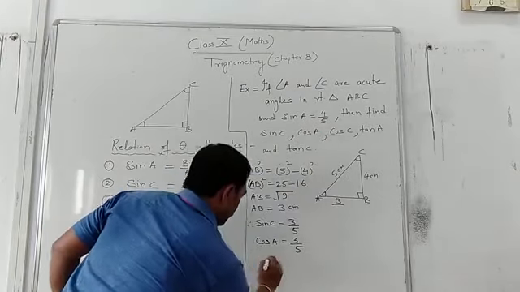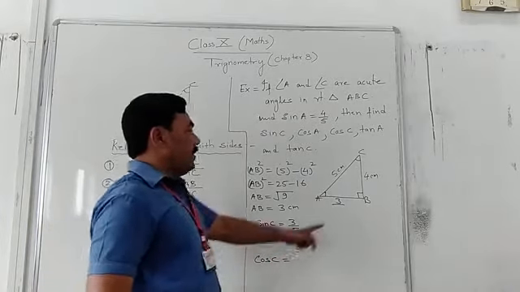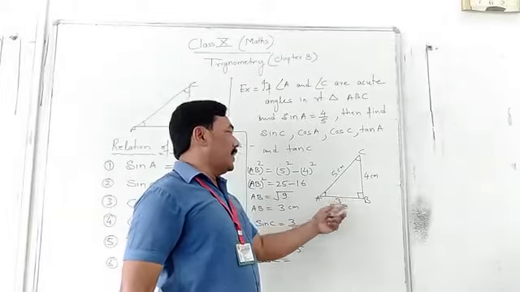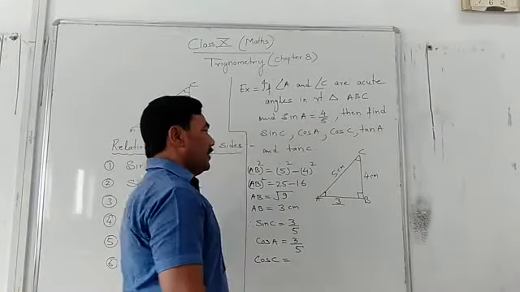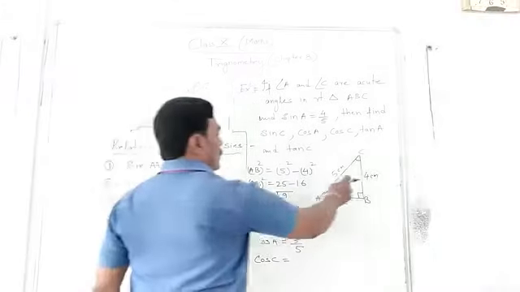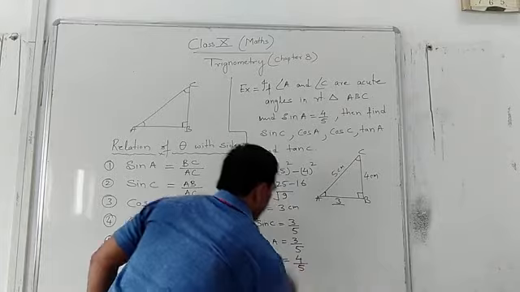Now cos C. The side opposite to angle C is the perpendicular, so the base is BC. So cos C is base 4 upon 5.